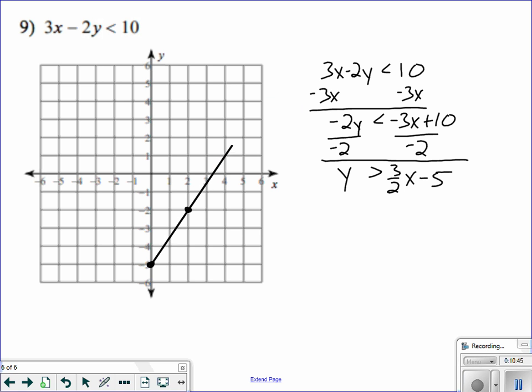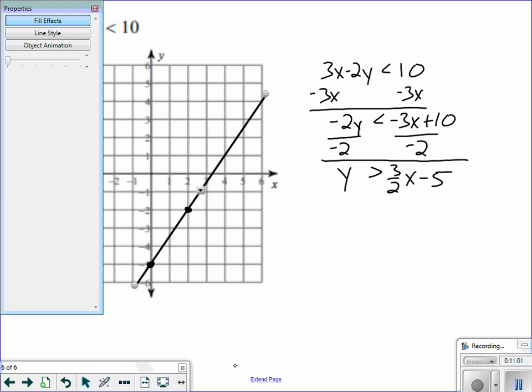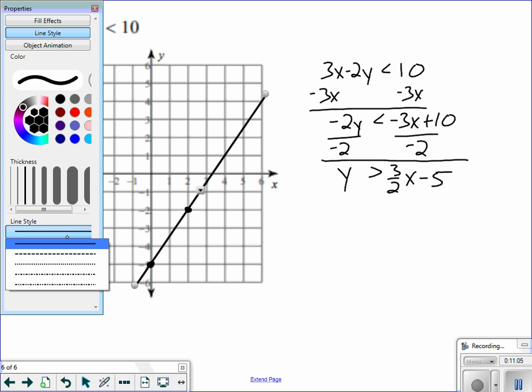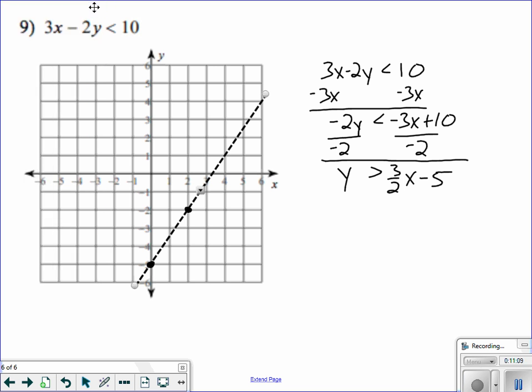Now remember, because this one is just a greater than symbol, it's not a greater than or equal to, we have to make sure that our line is a dashed line. So now we have our dashed line there.